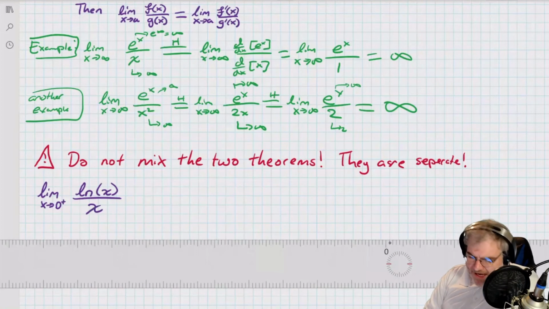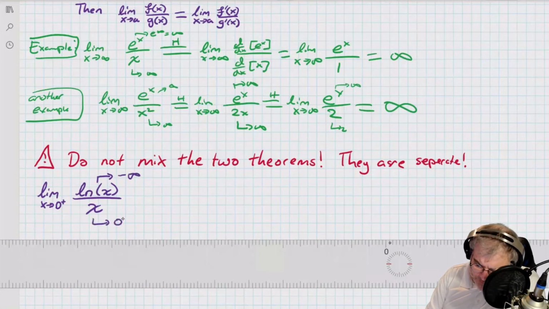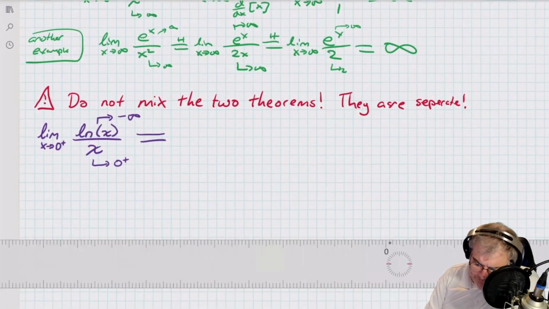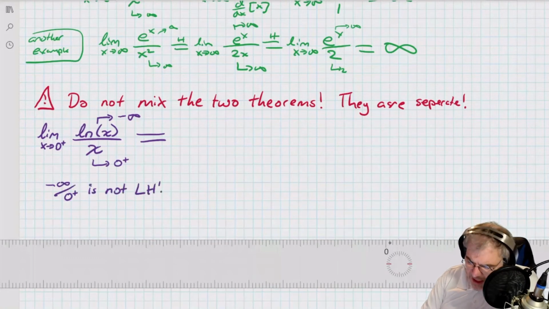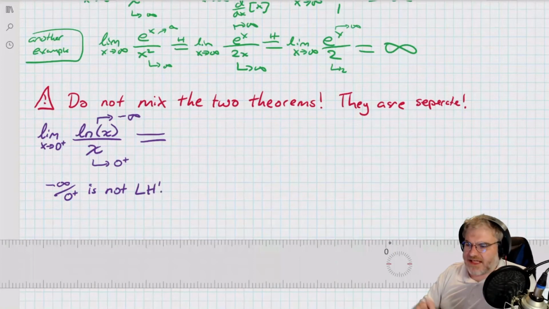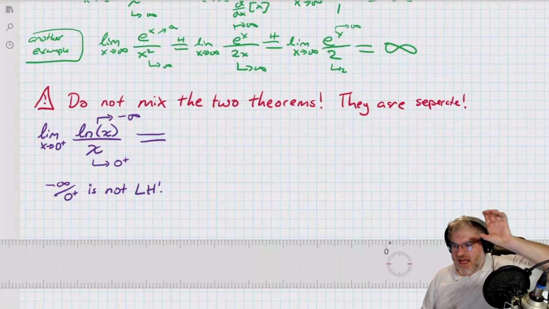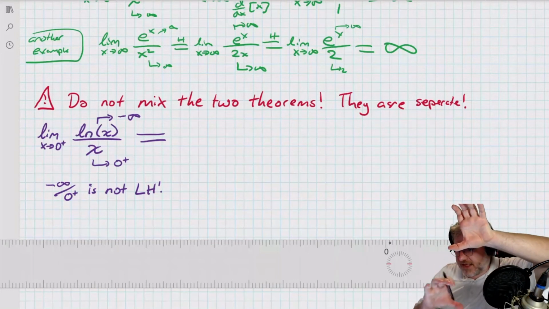Now, this piece goes to negative infinity. This piece, however, goes to 0 plus. No L'Hopital's rule. Negative infinity over 0 plus is not LH. LH is only 0 over 0 or infinity over infinity. They are two separate theorems. I've got a 0 version and an infinity version.